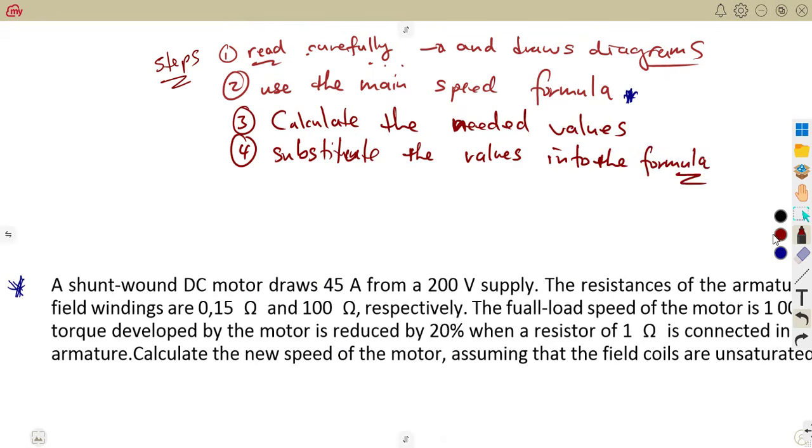By substituting into the formula, what is it that you need? That is to solve for the unknown, for what is needed. What is it that you are being asked?